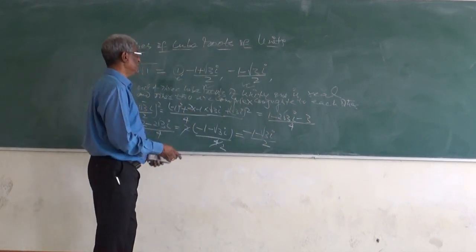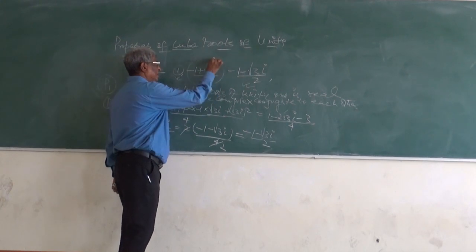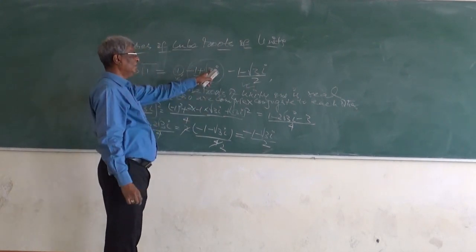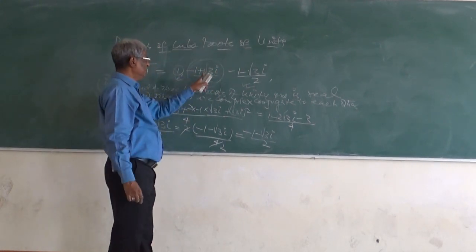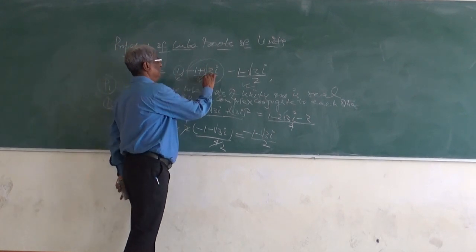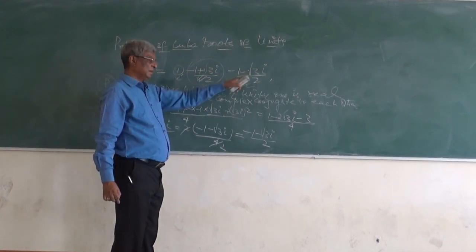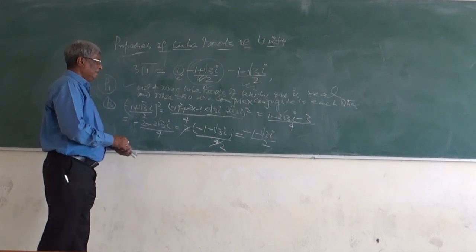So in this way, if you are squaring one complex root, you are finding the other. Means taking the square of this, you are finding this. I hope you have written this.